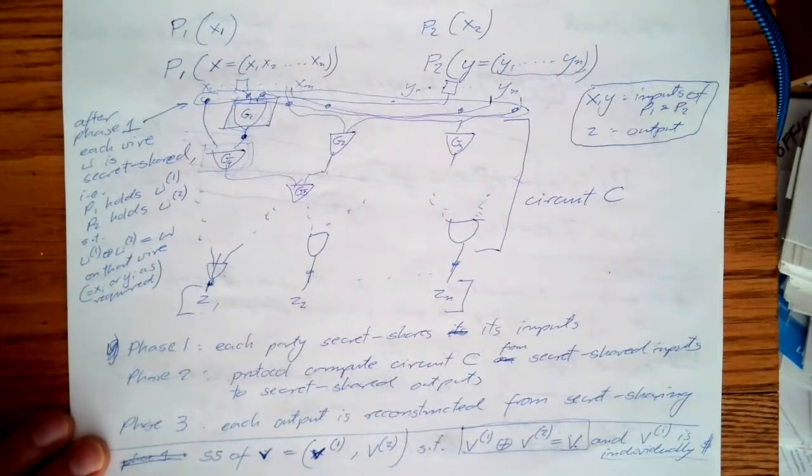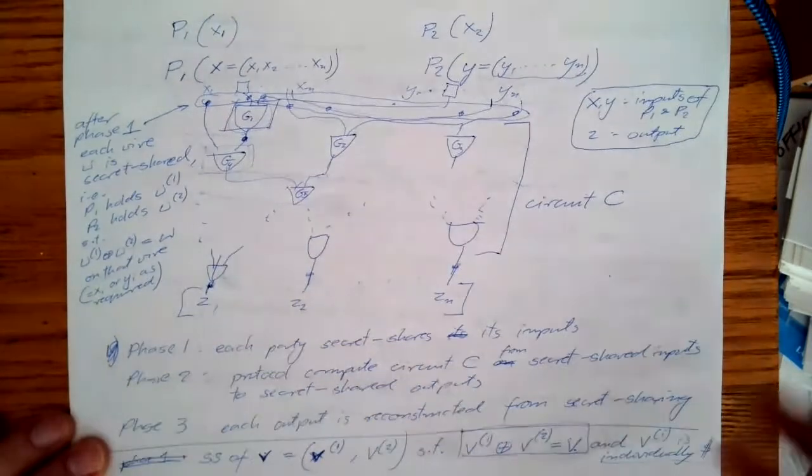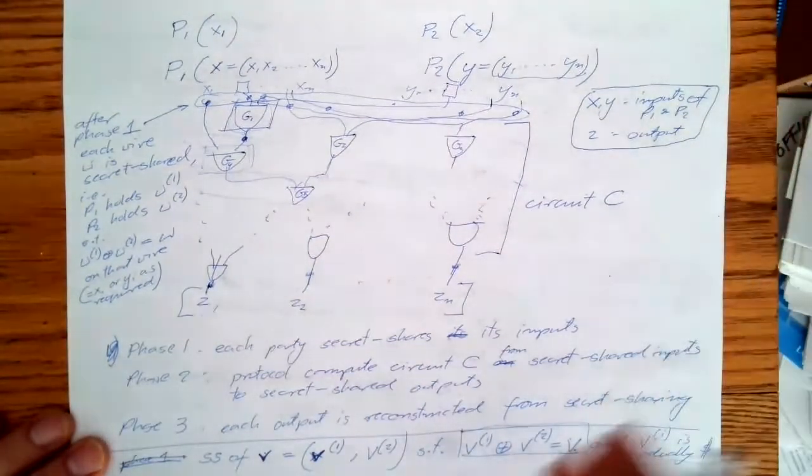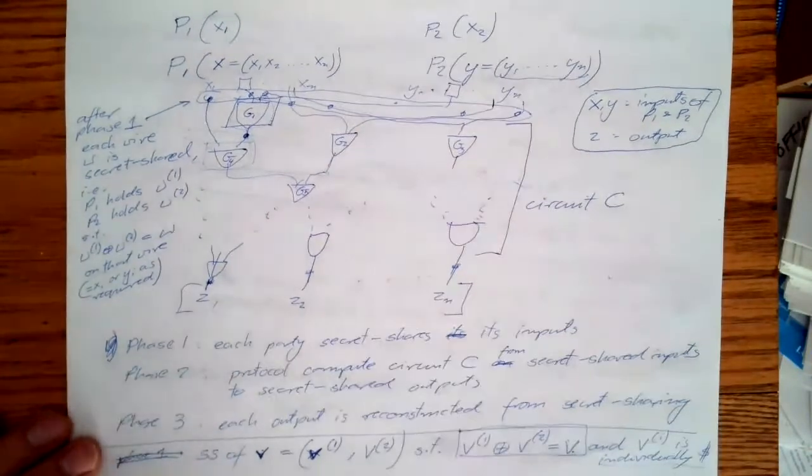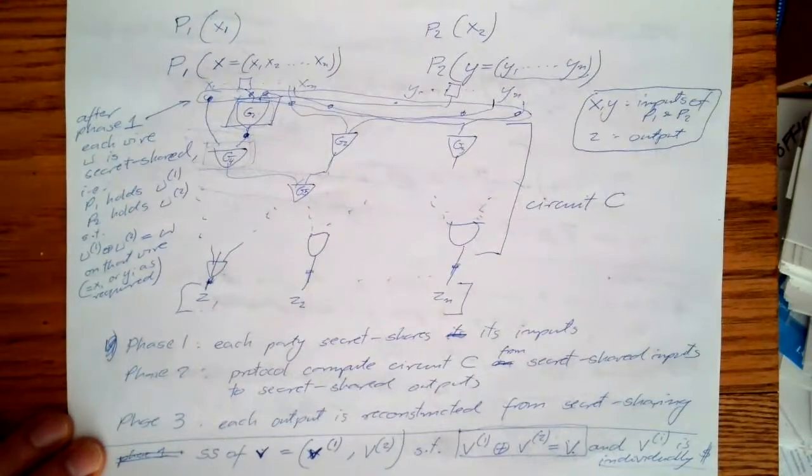Each of these protocols that we describe does have an extension to multi-party, but some have an easier extension than others. And also we'll talk soon about an extension to a threshold access structure.